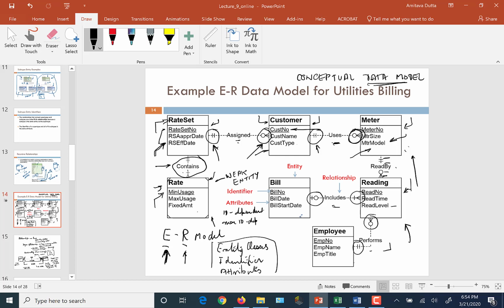Okay, so hopefully this example has reinforced the concepts and the symbols that are used to represent a conceptual data model, which is an entity relationship diagram. Okay, in the next tutorial, we'll look at a fairly comprehensive example from start to finish and actually build an entity relationship diagram like this.